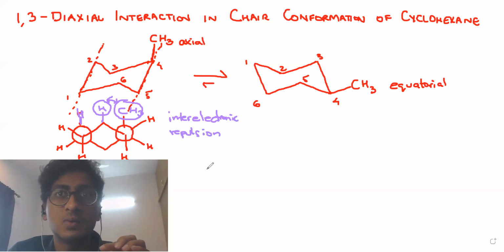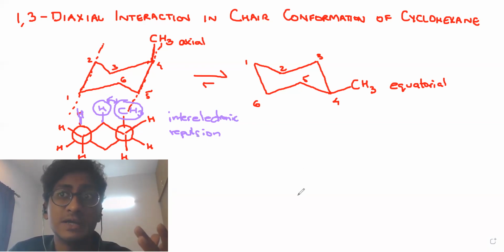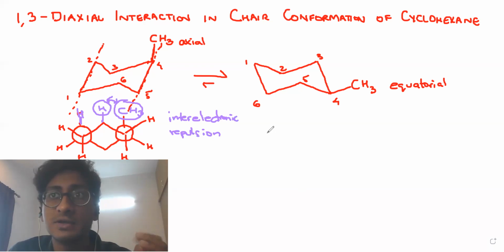Now, why is it that we have interelectronic repulsion in the axial case, but not in the equatorial case? Let's look at the structure for the other chair conformation to have clarity on this. So in this case, I'll be drawing it along C1, C6 and C3, C4.